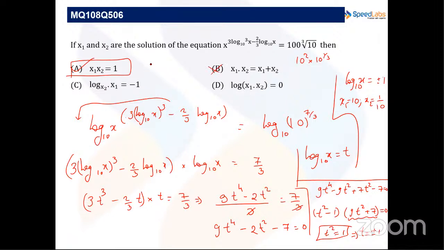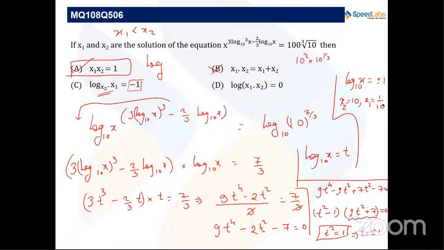And now log x1 to the base x2. We have to take any one quantity as x1 and x2. So there is a possibility that this value is equals to minus 1. We are not given here the condition that x1 is greater or x2 is greater. If we take x1 less than x2, this will be interchanged.